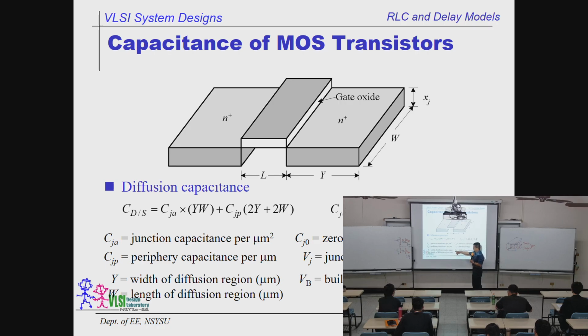So this is the width of the diffusion area, that's the Y and it's W. And it's even more complicated, CJA or P, this is a constant. And this constant is made of J0 when there is 0 bias, no voltages around, times 1 minus Vj over Vb. Vj means the junction voltage across the border. Vb is a constant built-in junction potential.